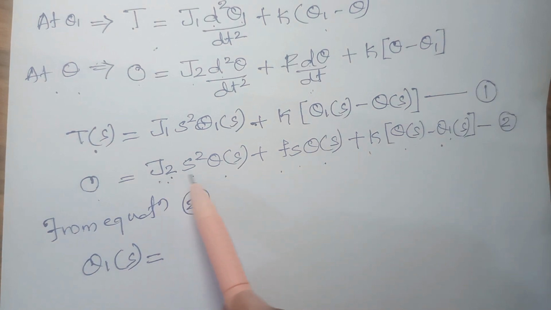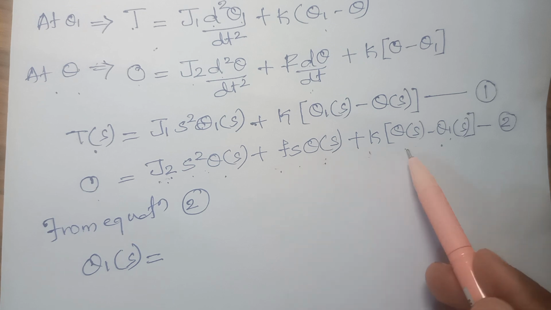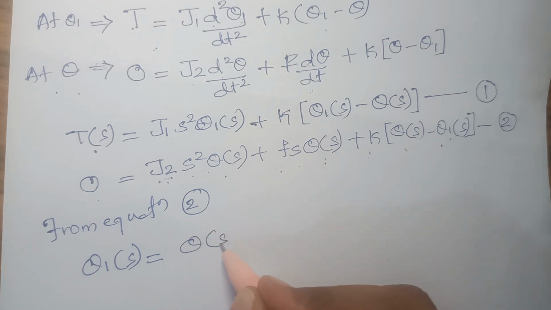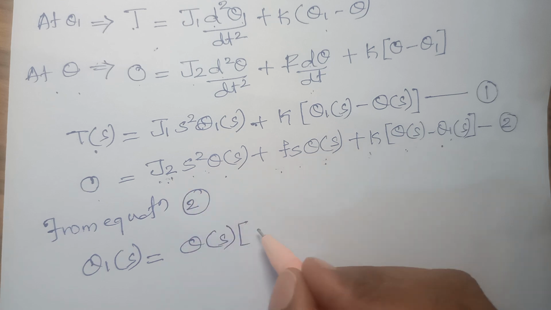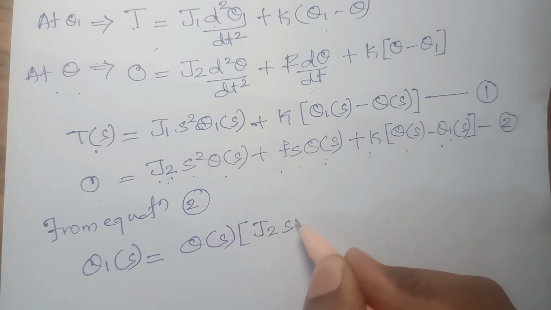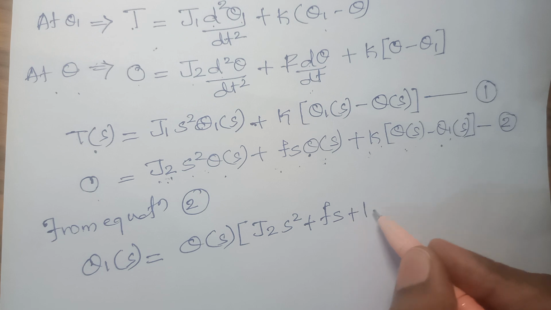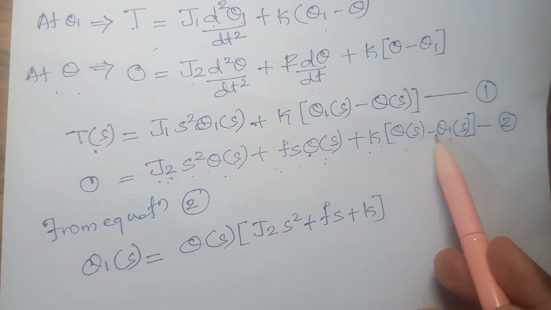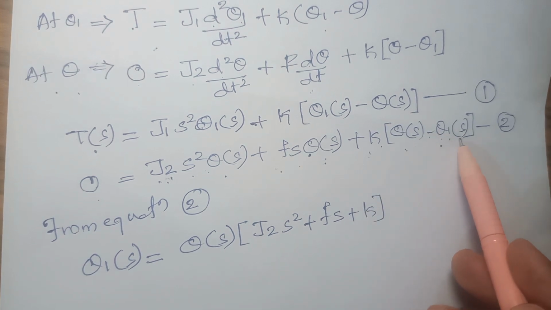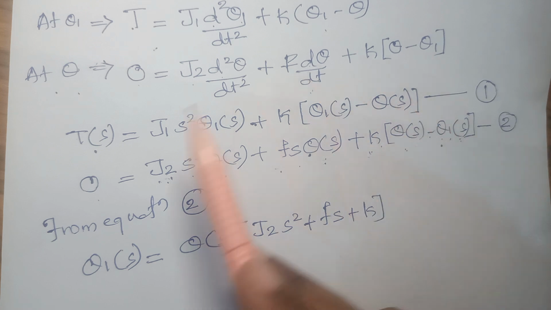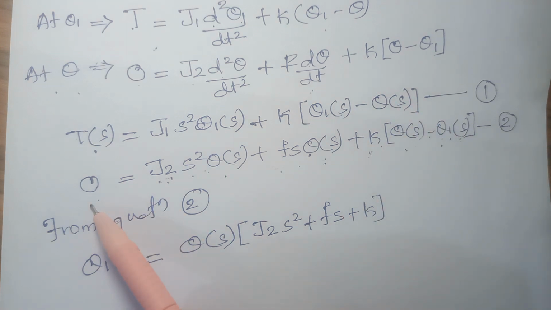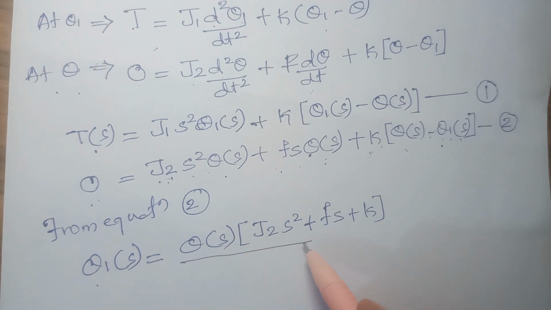Now from this term and this term you can take theta of s as common, so here it remains j2 s square. Then from this term we will get f into s, and here we will get k. So this minus theta 1 of s into k we have transposed on the other side. So theta 1 of s will be this whole divided by k.